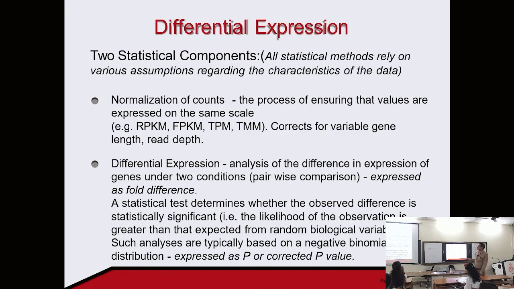So we discussed this normalization of counts, and once you compare and you find that there is a difference, say there is a gene in me, when I am sick, that has normalized count 1000, and a healthy individual has 100. So there is a 10-fold difference, 1000 by 100.